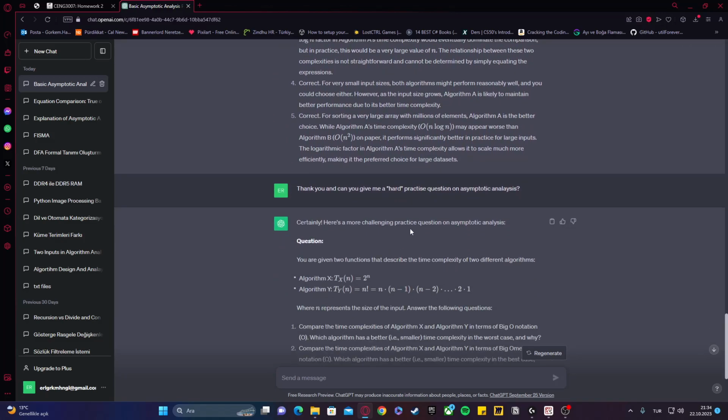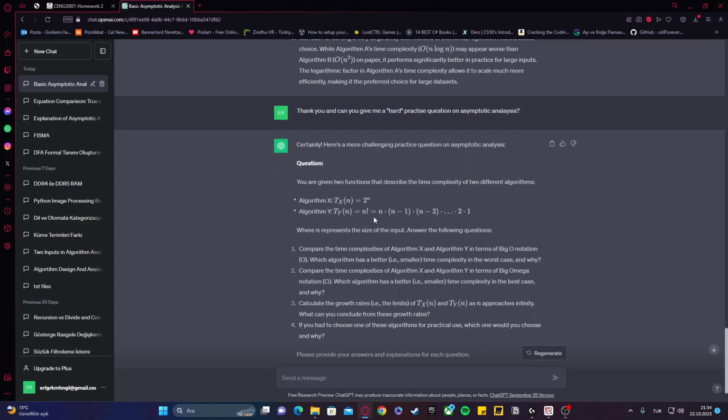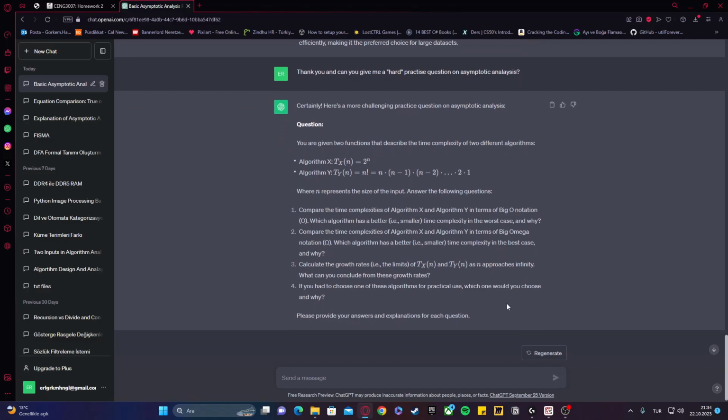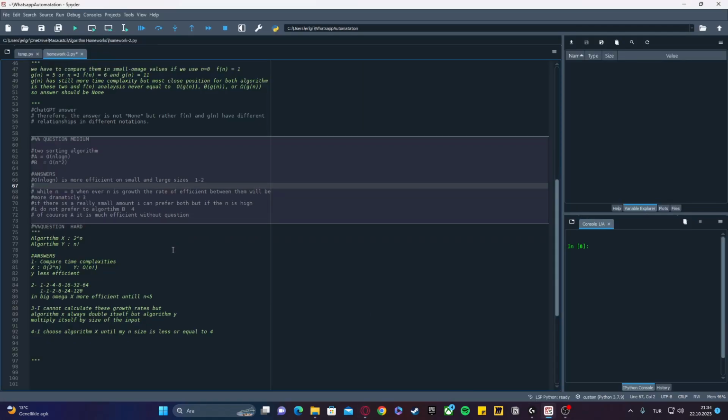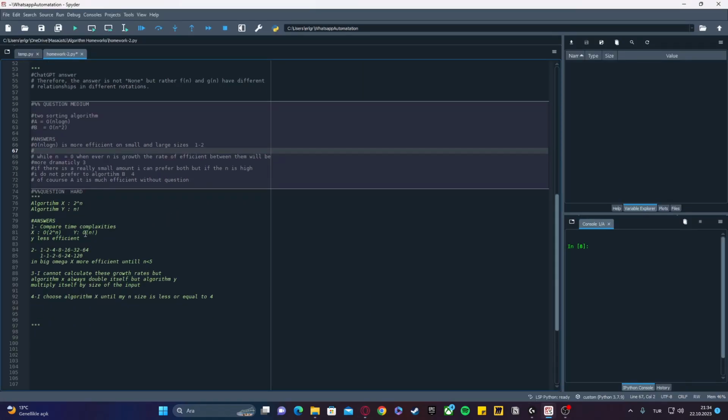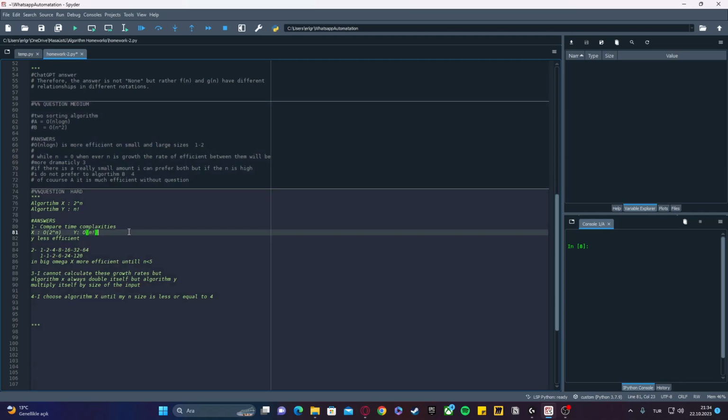And then I asked the hard question, and it gives me two algorithms to compare, X and U. X equals 2 to the n, and U is a factorial algorithm. And here, to compare the complexities, X equals big O of 2 to the n, U equals O of n factorial.